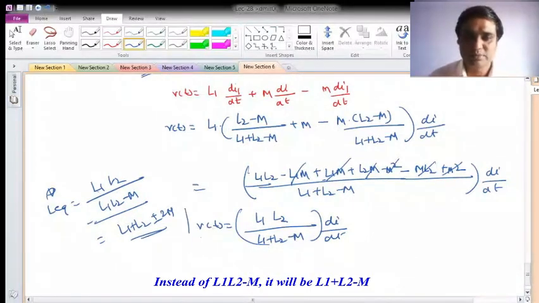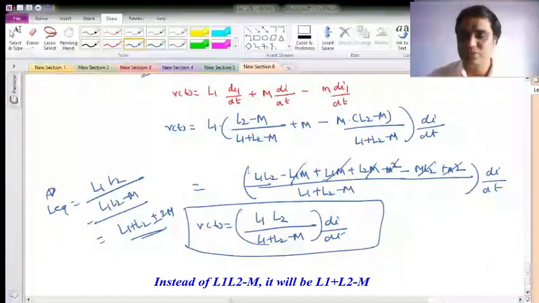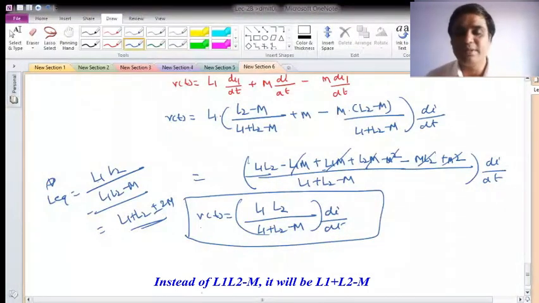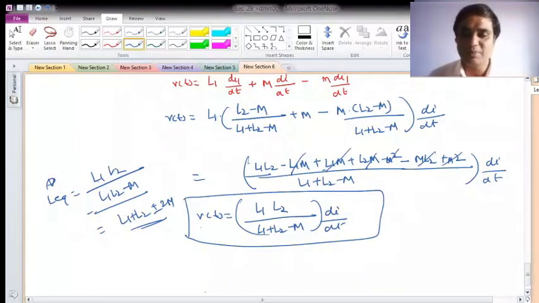So with the help of the dot convention, we will be able to write the equations, and once we know the equations, we can do the circuit analysis, meaning I can find any value of voltage or current in coupled coils. Okay, so today we stop here. Thank you very much.